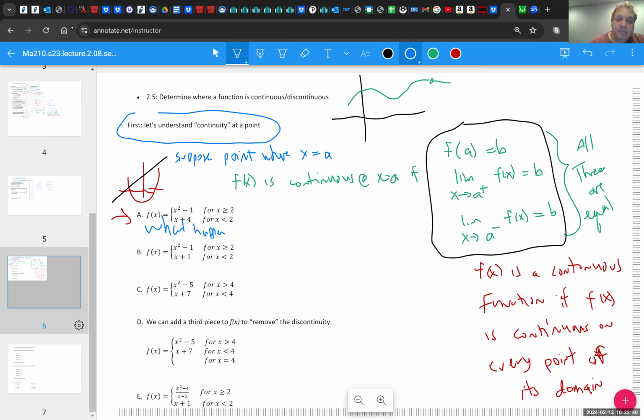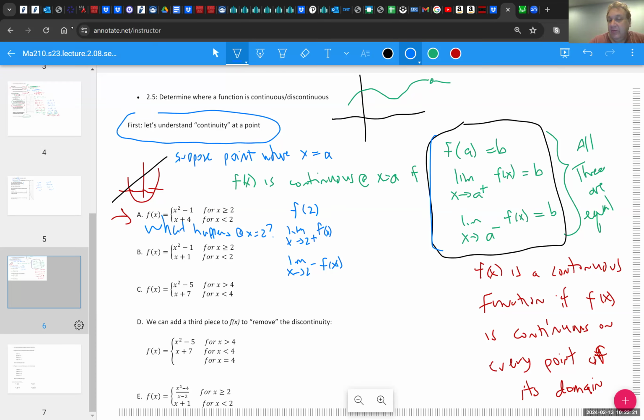We have to find the limit as x approaches 2 from the right. And we need to find the limit as x approaches 2 from the left. So we do those 3 things. And if they all equal the same number, then we know it's continuous at that particular point.